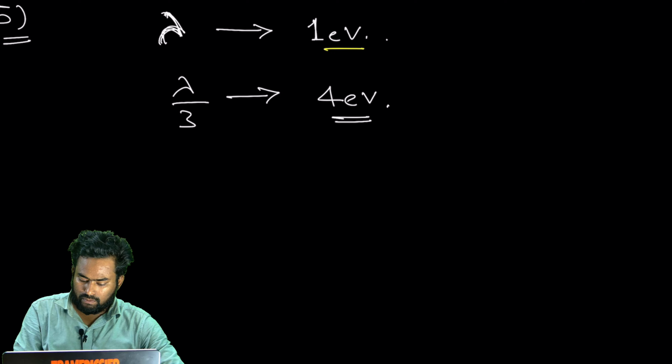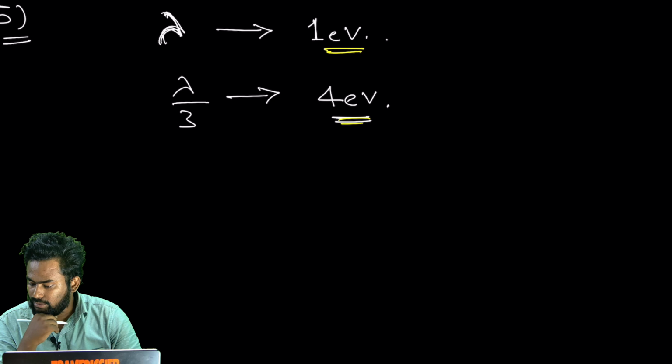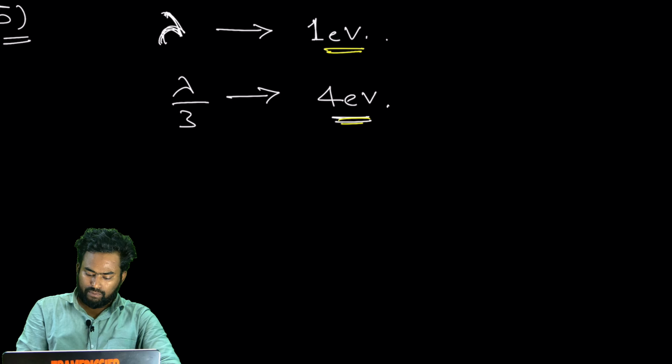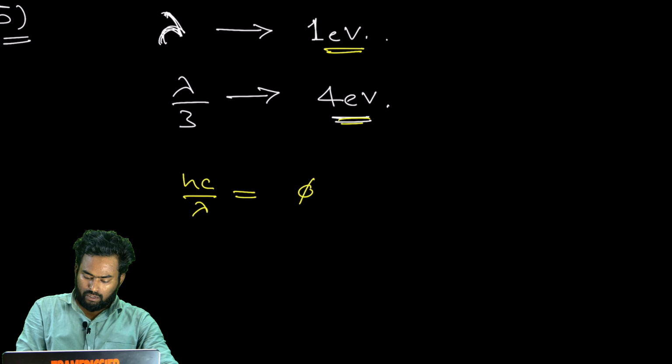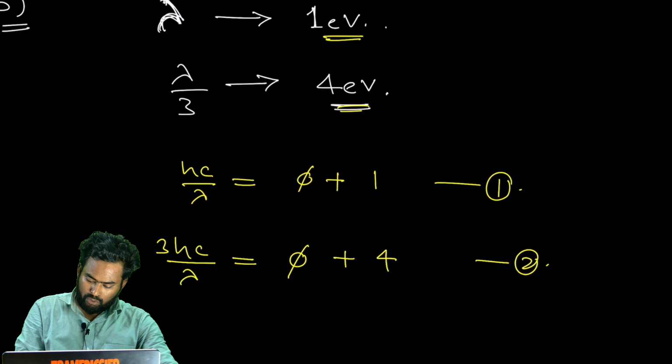This is not velocity but energy. K max becomes 4 times. They are asking the work function of the metal. So first equation: hc by lambda equal to phi plus K max 1, equation number 1. Second: hc by lambda by 3, so 3hc by lambda equal to phi plus 4, equation number 2.